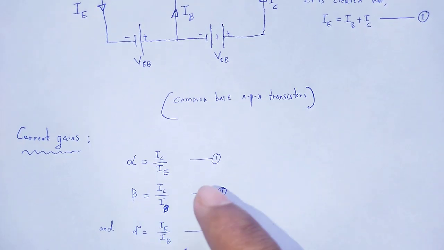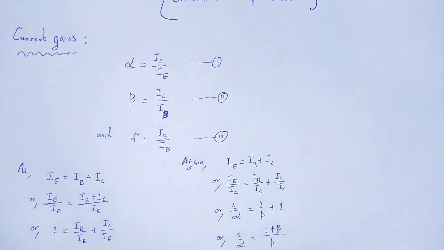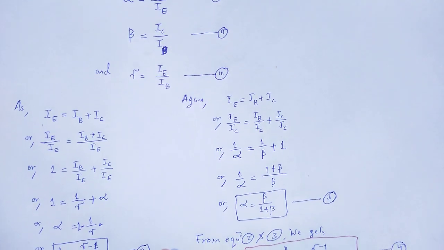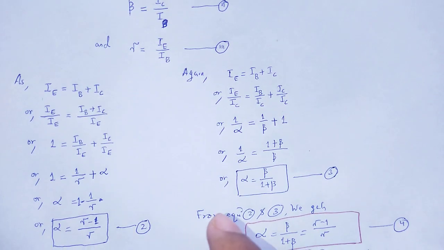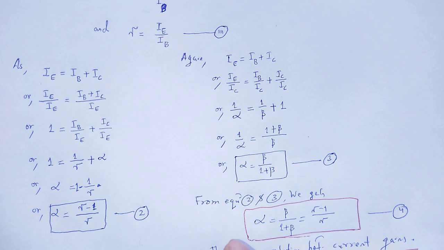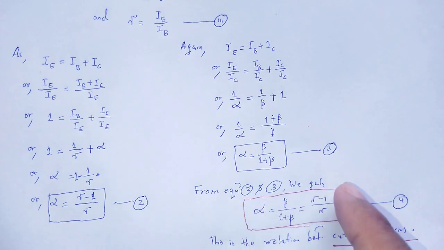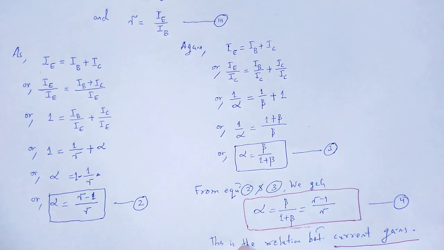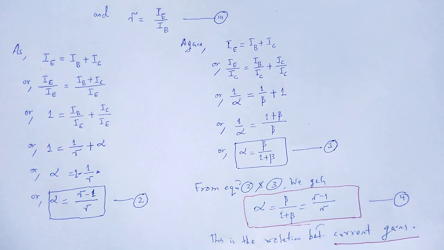How these currents are interrelated with each other, and the relation between alpha, beta and gamma, how these three terms are interrelated.